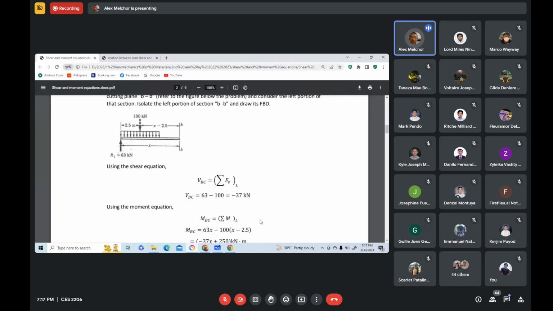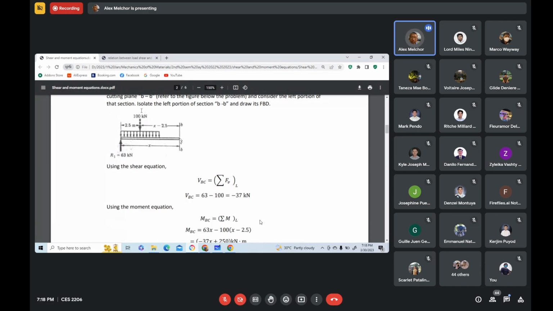For the moment equation for segment BC, sum up moments about the centroidal axis across that exploratory section. So that centroidal axis is perpendicular to your monitor. And we start with a moment of 63. So you have 63 times x. You have that first term there in the right side of the equation.